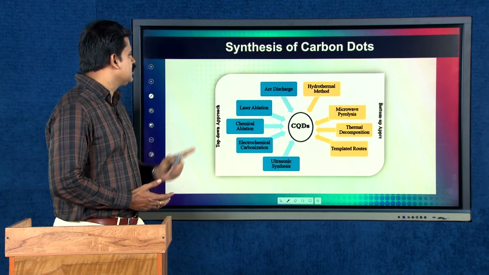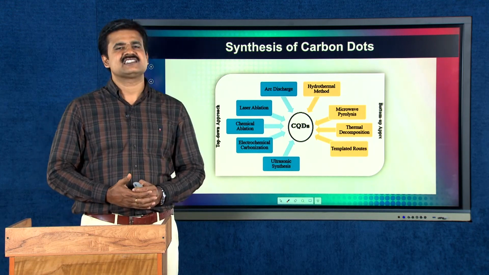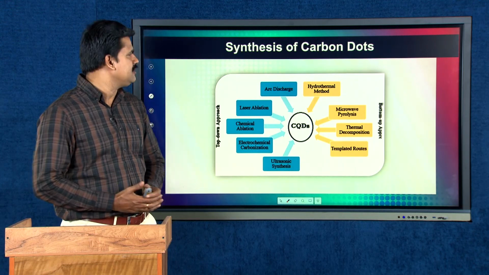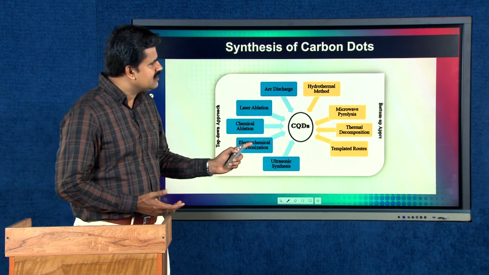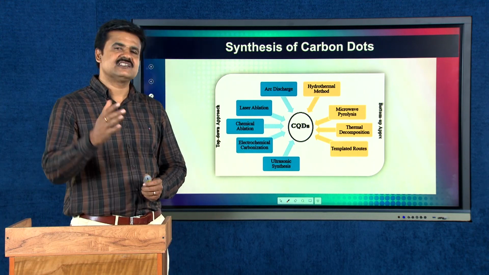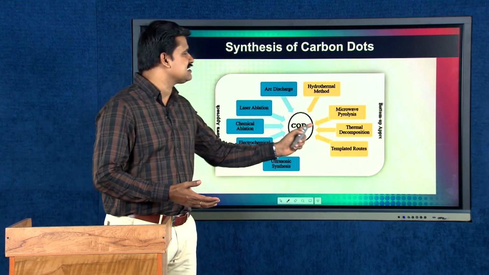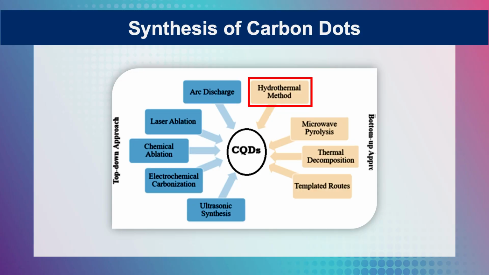The popular top-down methods for the synthesis of carbon quantum dots or CQDs involve the arc discharge method, laser ablation method, chemical ablation method, electrochemical carbonization method and ultrasonic synthesis. At the same time, the bottom-up methods for the synthesis of CQDs include popular methods such as the hydrothermal method, microwave-assisted pyrolysis, thermal decomposition and various template routes.